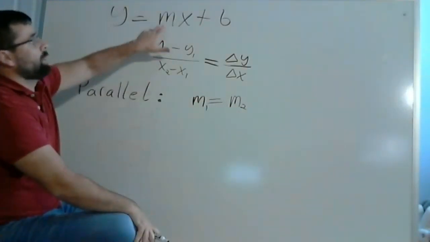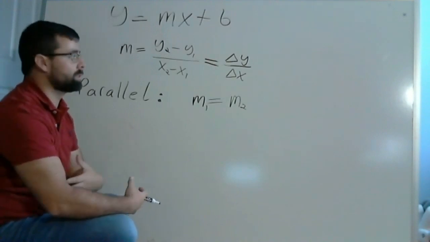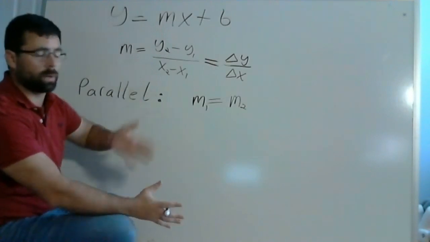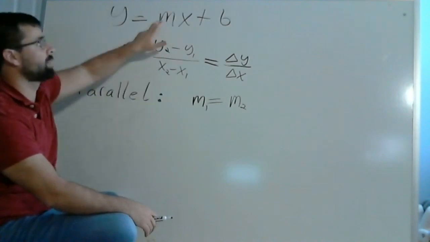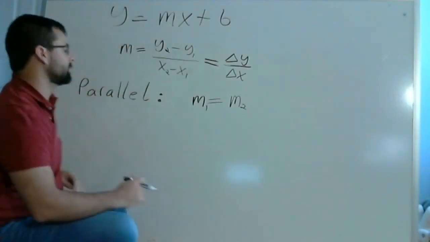So whatever the value of the slope is for one of them, to make a parallel line, you just make a new equation with the same slope and a different y-intercept.